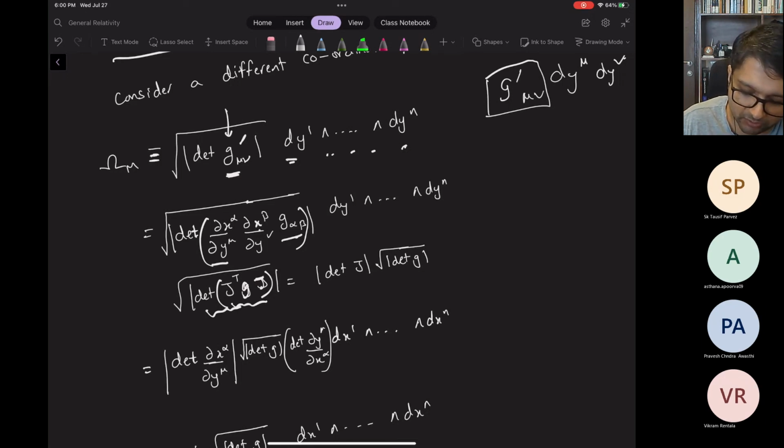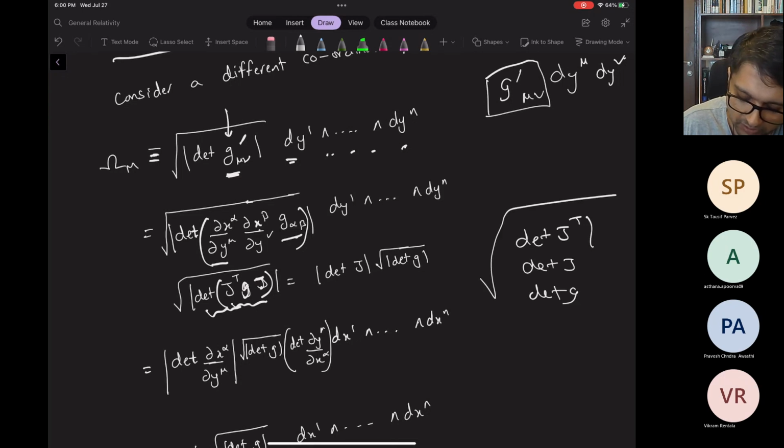So it's equal to determinant of J transpose times determinant of J times determinant of G under the square root. The product determinant J transpose times determinant J is just determinant of J whole squared. And if I take the square root, I get mod of determinant of J times the square root of mod determinant of G.